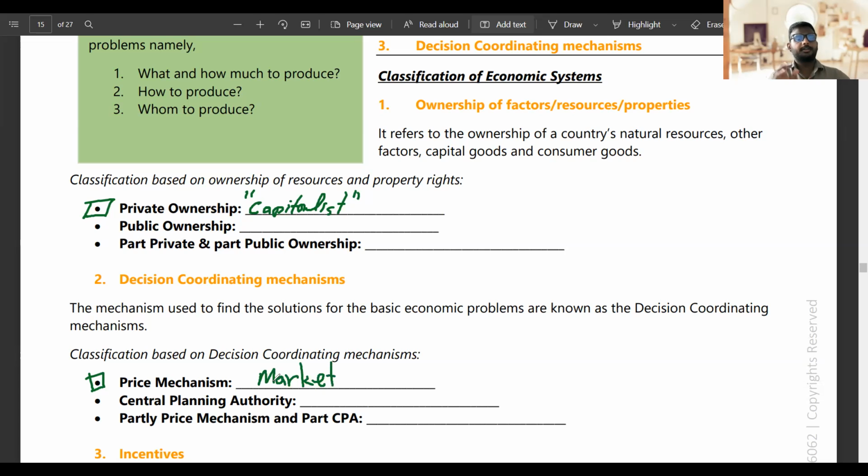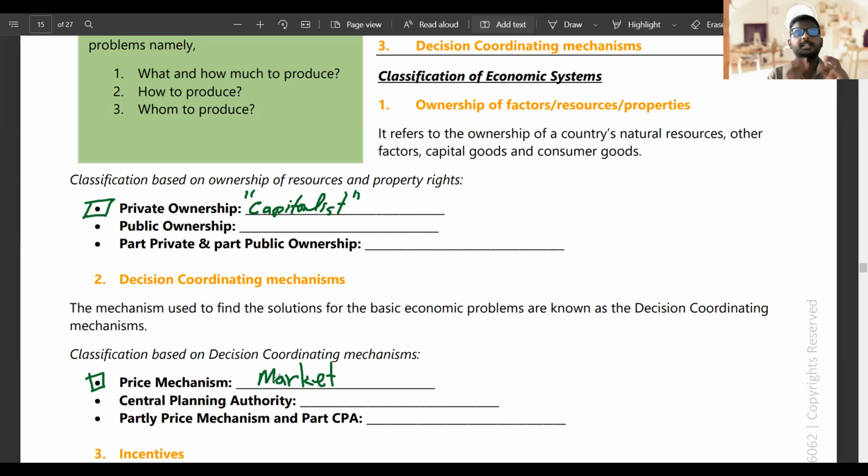So when we classify an economic system based on ownership of resources, under private ownership we say that economic system is capitalist. Whereas when we classify based on decision coordinating mechanism, if it is price mechanism, only then will that economic system be called market economic system.